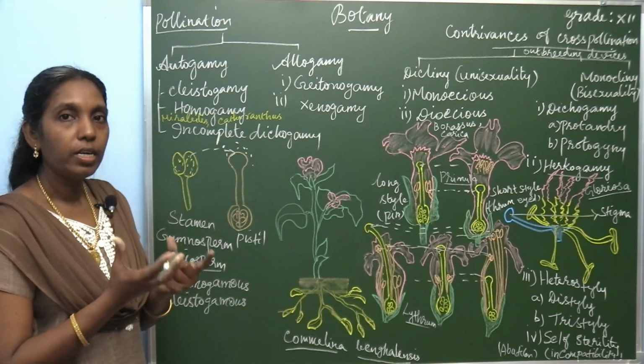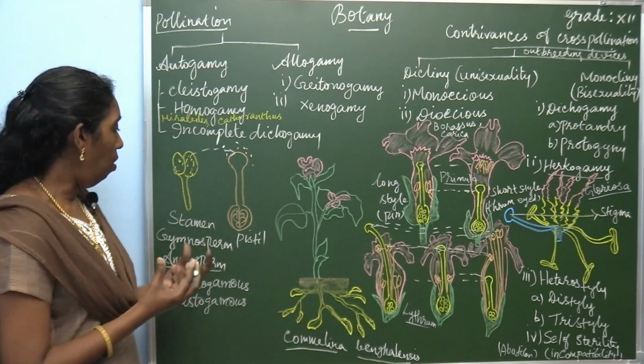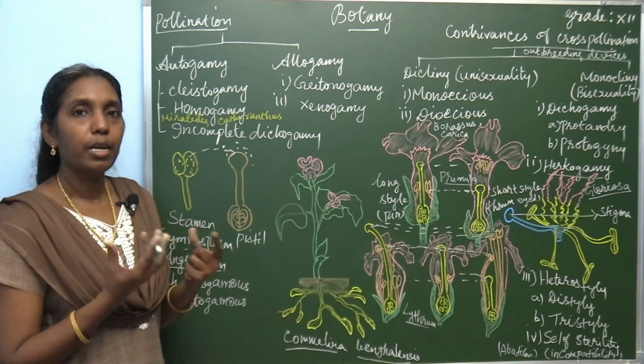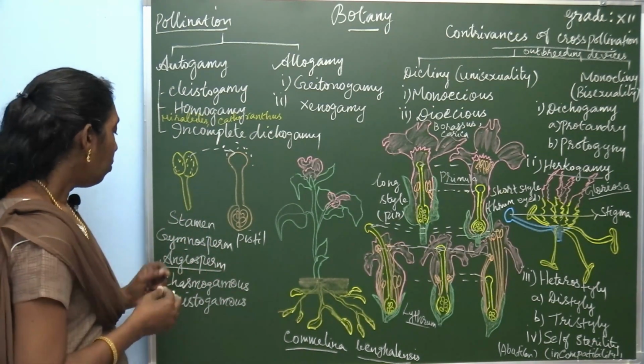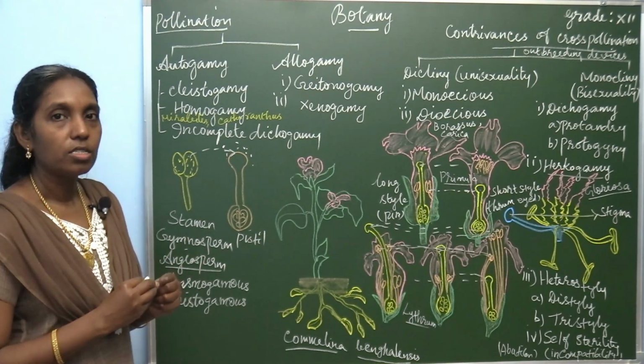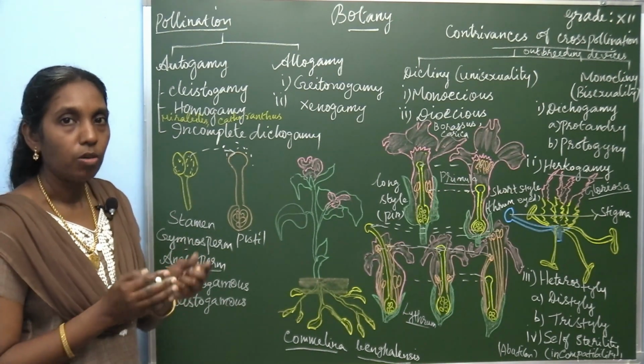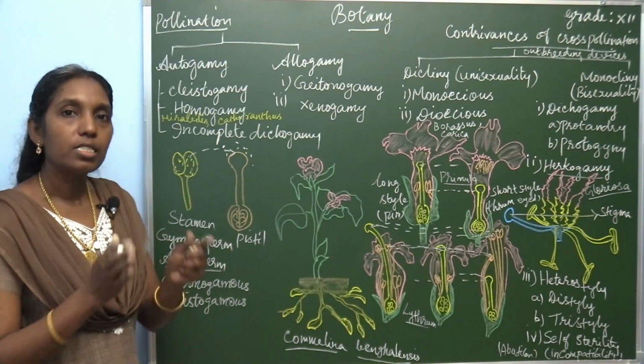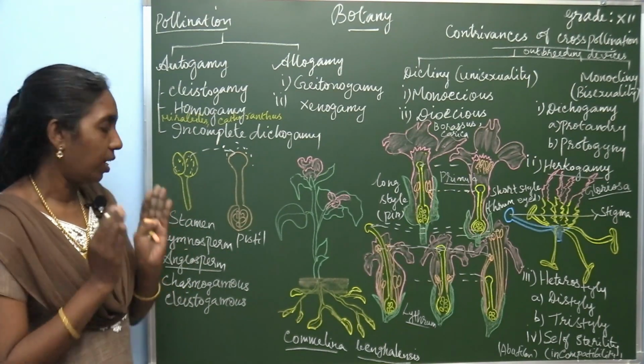The flowers are open and the stamen and pistils are exposed out. While in cleistogamous flowers, these organs are not exposed out, they are closed. The flowers are not open, they are closed flowers.